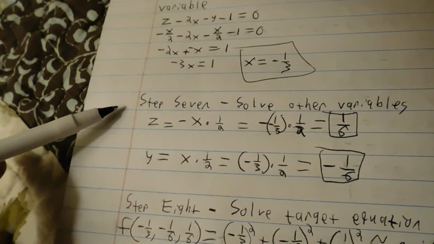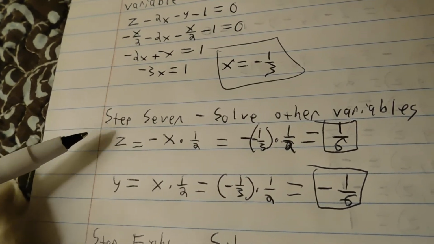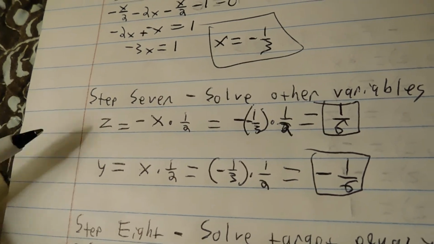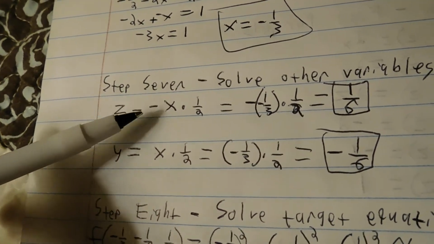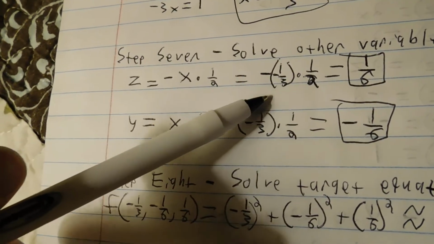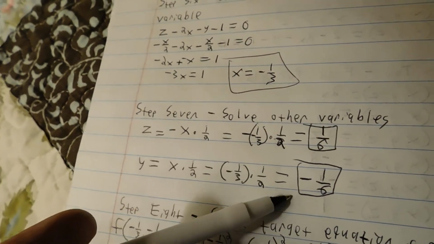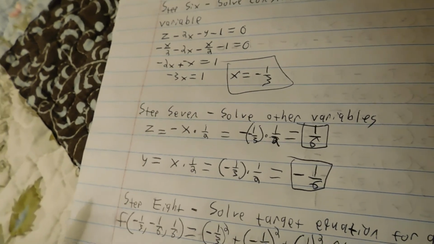In step 7, since we already have our z and y in terms of x, we can just plug in that x to directly find our y and z values.